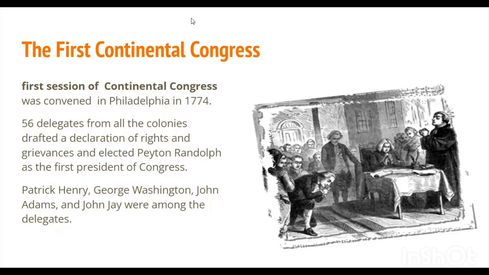Okay, so Continental Congress was organized in 1774. 56 delegates, that is representatives from the colonies, met at this Continental Congress, drafted a document called Declaration of Rights and Grievances, and they unanimously elected Peter Randolph as the very first president of this Continental Congress. The other important delegates were Patrick Henry, George Washington, John Adams, John Jay. These are other important personalities who attended this Continental Congress.